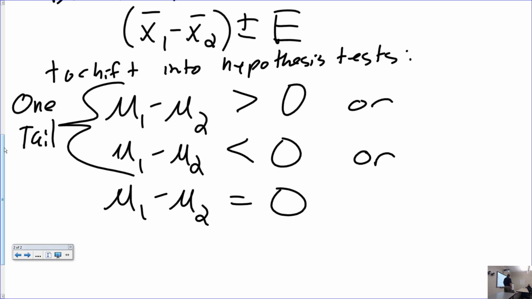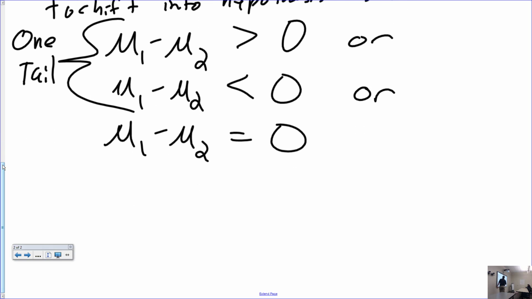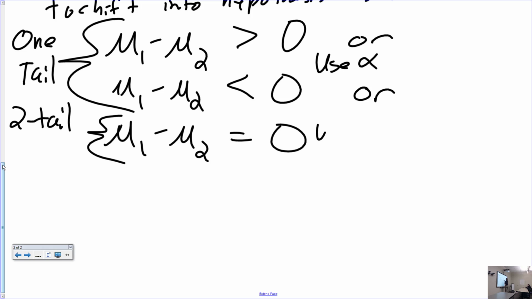Okay, so same sort of stuff we were working with in the last chapter continues to carry over. And of course, if we're doing not equals to, then it's two-tailed. You can be greater than the alpha over 2 or less than the alpha over 2, right? So whenever it's two-tailed, you gotta split your alpha to both sides, right?